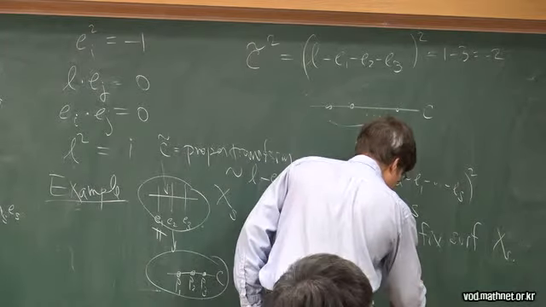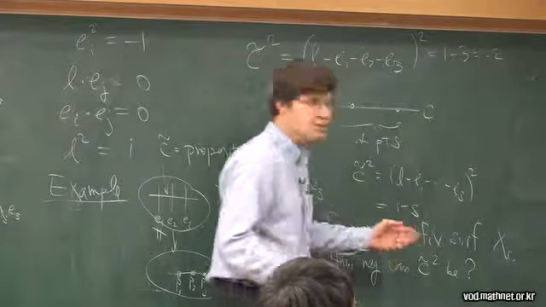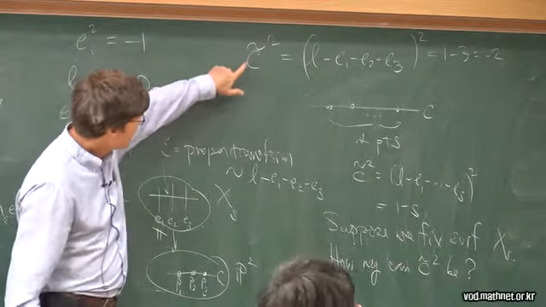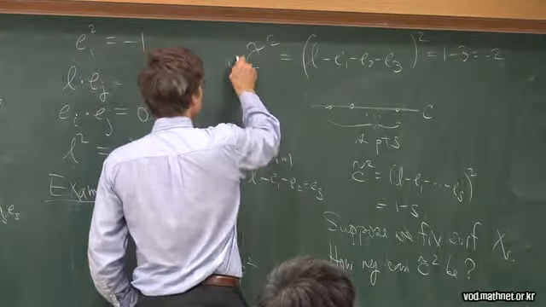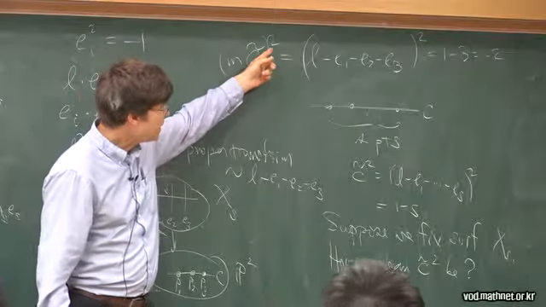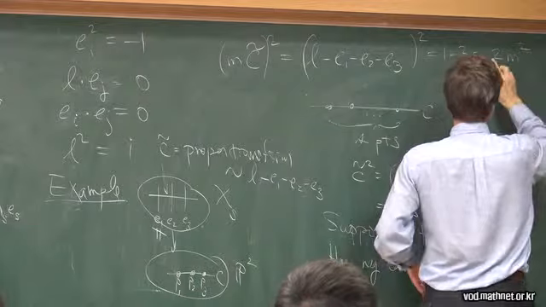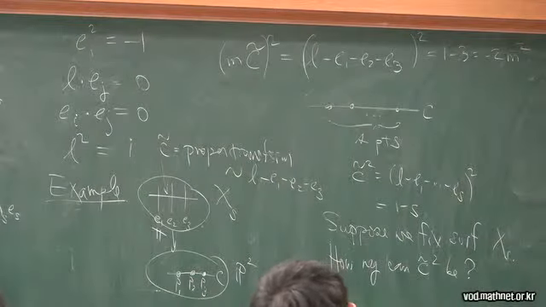How negative can the self-intersection be? Well, again, if you fix the surface, here I have a negative 2. Suppose I take a multiple of this. Well, if I take a multiple of this and then take the self-intersection, this is going to be negative 2 times m squared. So again, it's going to be arbitrarily negative.